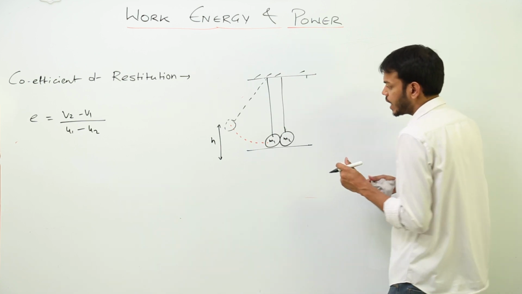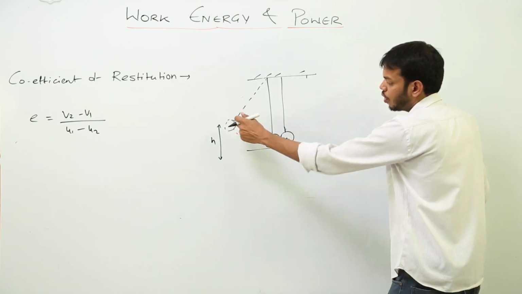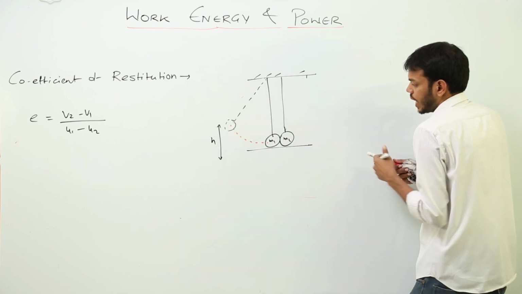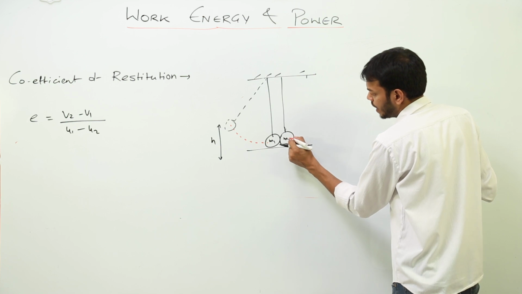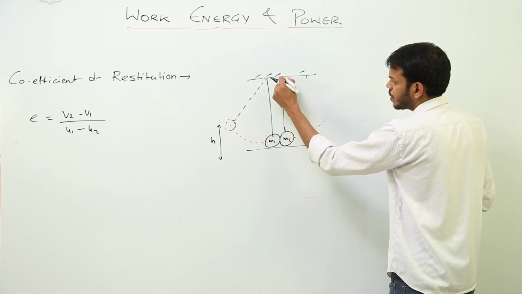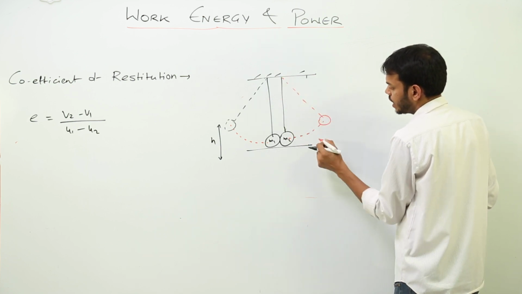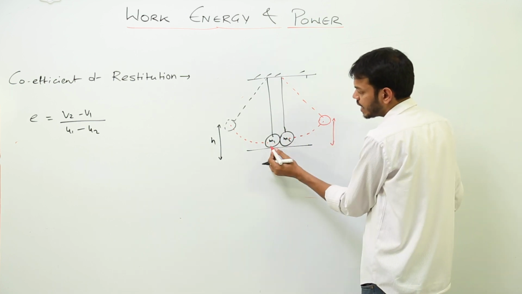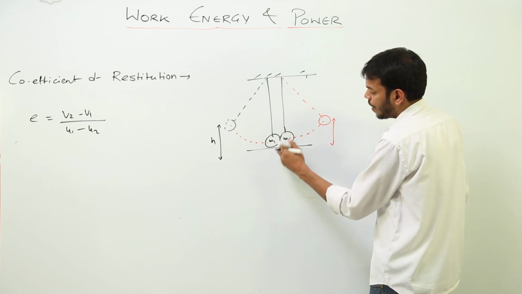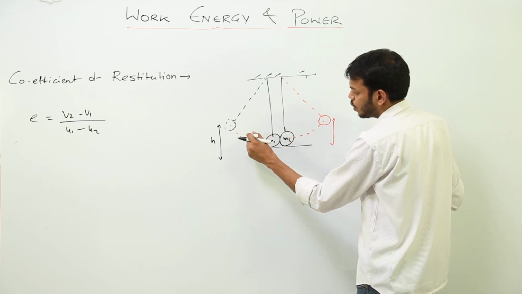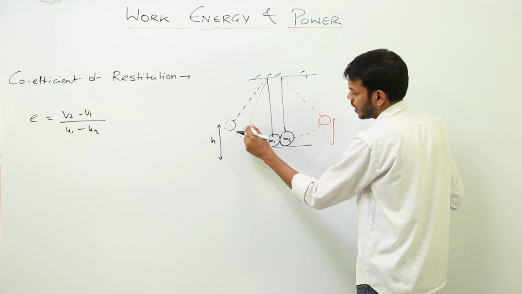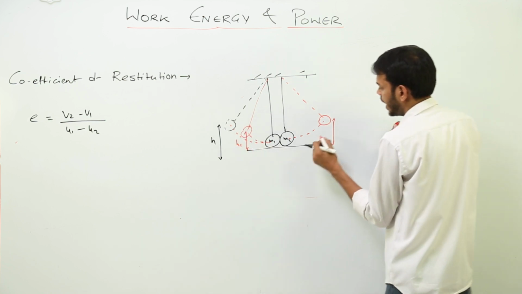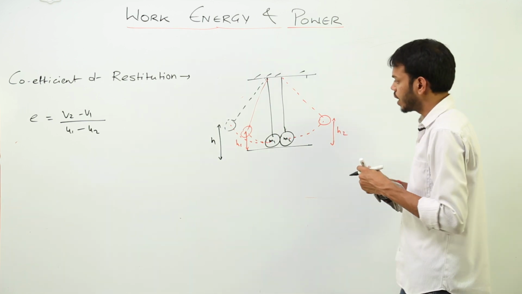So once we allowed m1 to fall freely and hit m2, after collision, this is what happened. m2 has reached here, and m1 bounced back after hitting m2 and came to this point. So consider these heights to be h1 and h2, right?